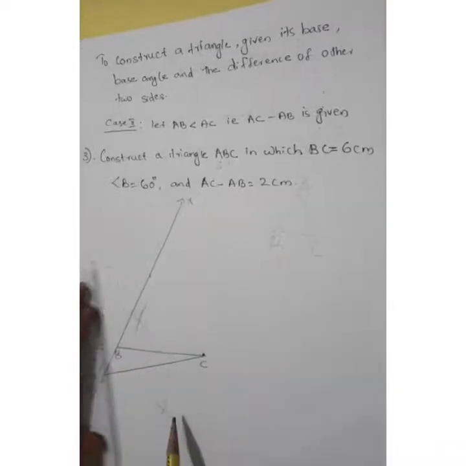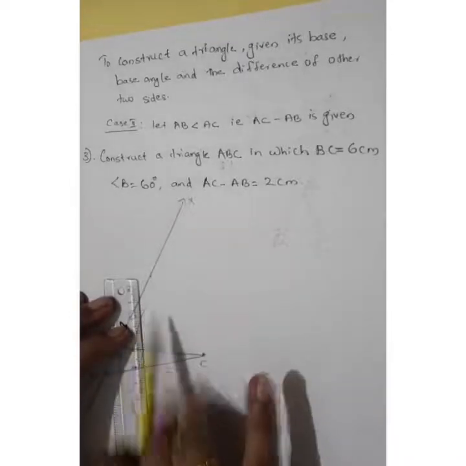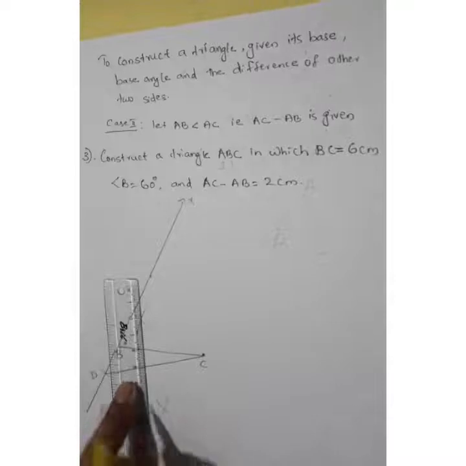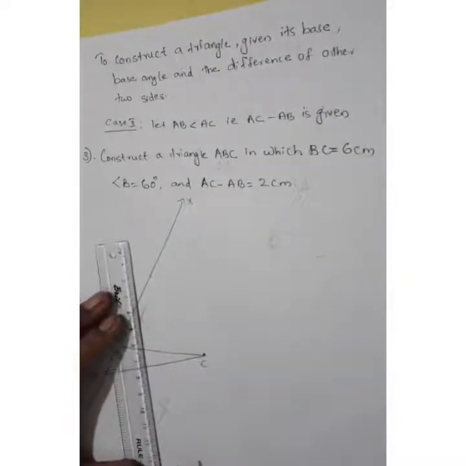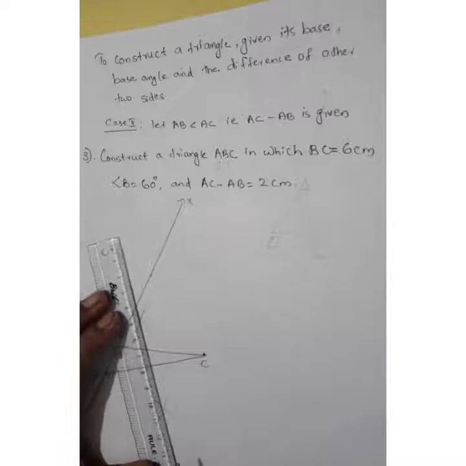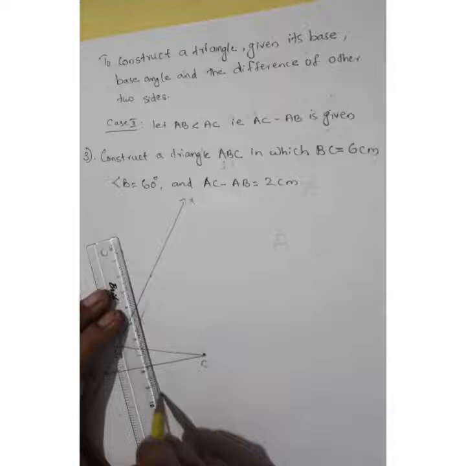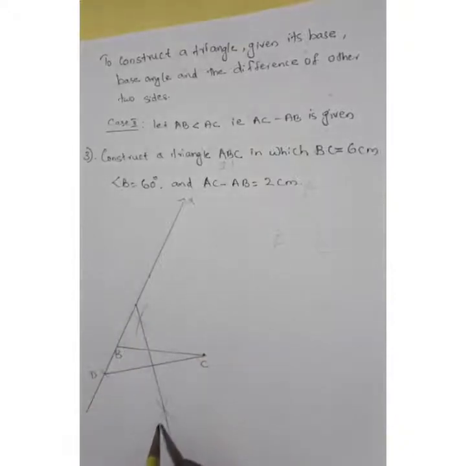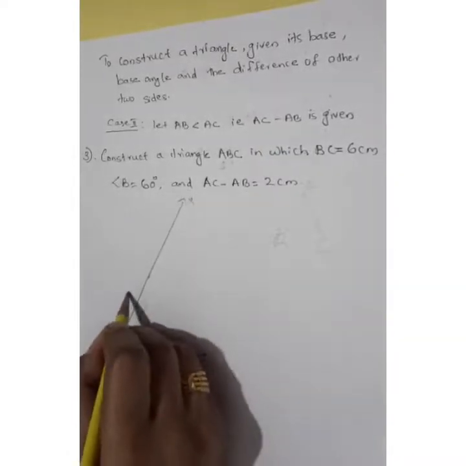Previously, after getting these 2 points, you have to draw the perpendicular bisector and extend that perpendicular bisector to meet our ray BX. Similarly, here also we want to draw and extend it to meet that ray BX. So, look here. It reaches here. Where the perpendicular bisector meets the ray BX, that point is our A.